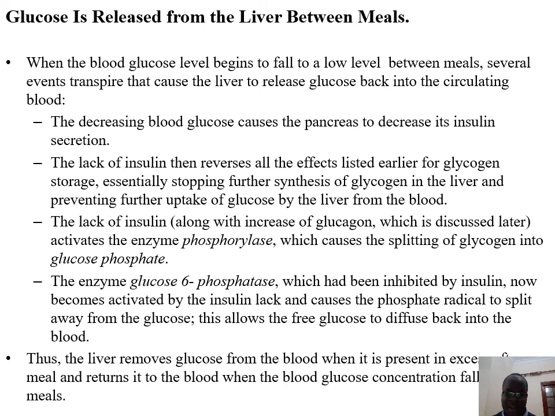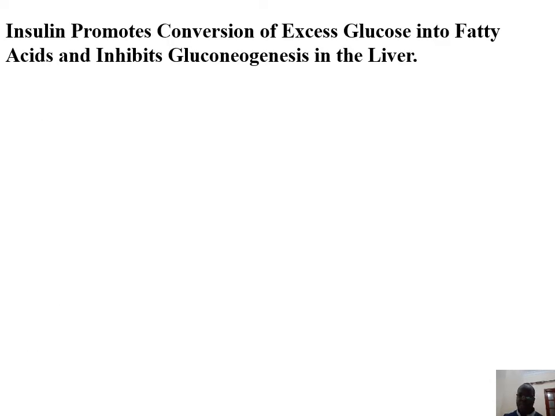Thus, the liver removes glucose from the blood when it is present in excess after a meal and returns it to the blood when the blood glucose concentration falls between meals. Insulin promotes conversion of excess glucose into fatty acids and inhibits gluconeogenesis in the liver.